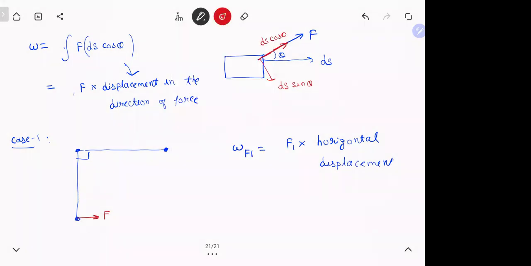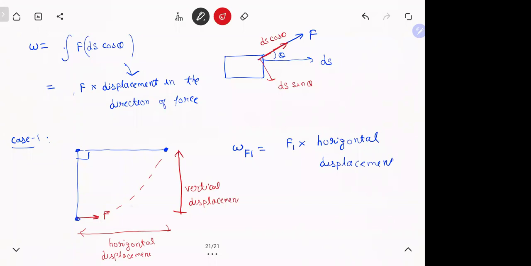When you're going from here to here, this is the horizontal displacement. This is a vertical displacement, I cap, J cap basically. So that will become F1 into L, because this length was L and this length was L.